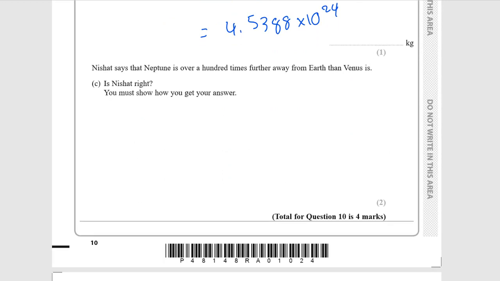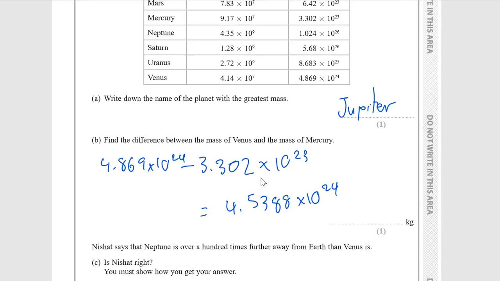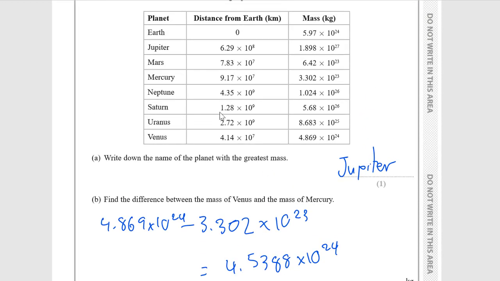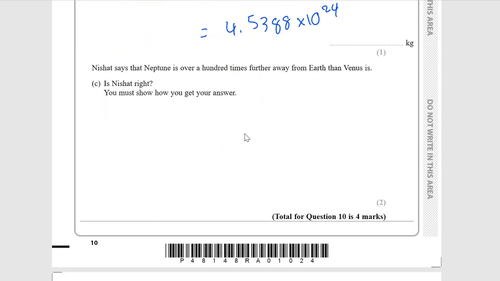So C, Nishat says that Neptune is over 100 times further away from Earth than Venus is. Is Nishat right? You must show your working out. So let's take the distance of Neptune, which is 4.35 times 10 to the power of 9, and the distance of Venus is 4.14 times 10 to the power of 7.